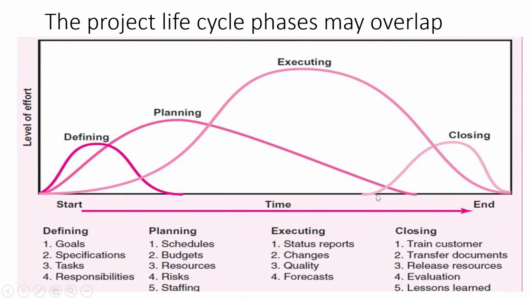And then the closing. Closing becomes a standalone phase, which starts as execution is going towards the end. The closing, probably training the customer. If this project was being done for some customer, the training of the customer starts early enough before the project ends.